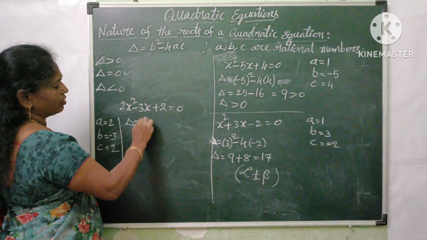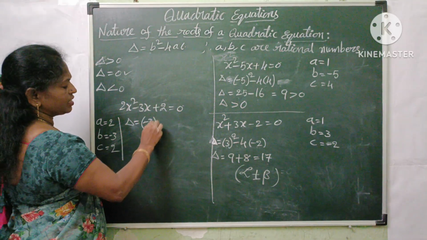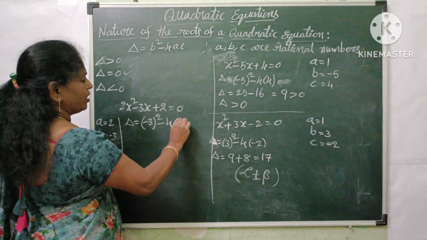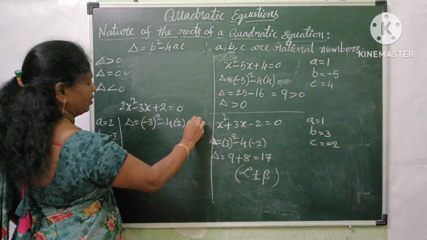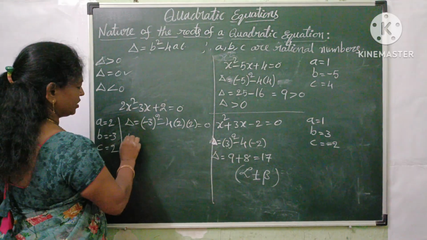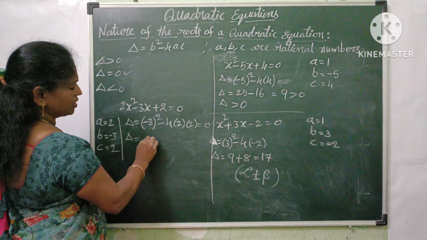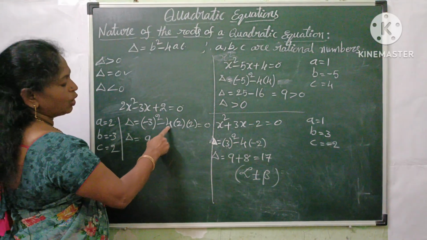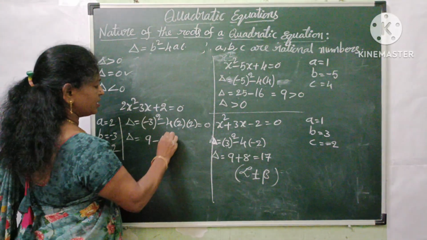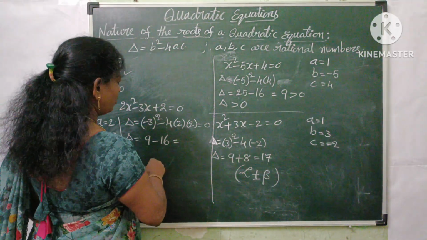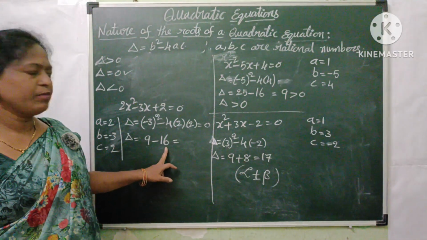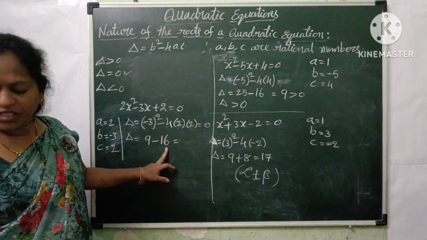Now delta equal to b square, minus 3 whole square, minus 4 into a, here 2, into c, here 2. Delta equal to 3 3s are 9 minus 4 2s are 8, 8 2s are 16, minus 16. 9 minus 16 is how much here?